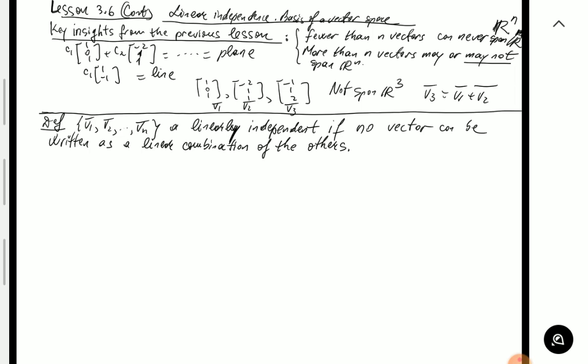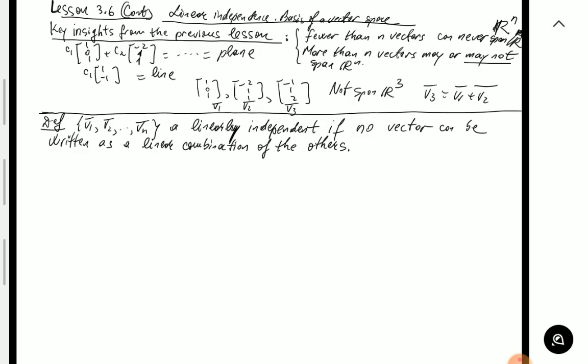Oh, by the way, in this case, we're assuming non-zero vectors, just to make it clear, because obviously that's the trivial case. So no vector can be written as a linear combination of the others. From a practical standpoint, in order to see whether a set of vectors is linearly independent or not, well, let me take a step back for a moment.